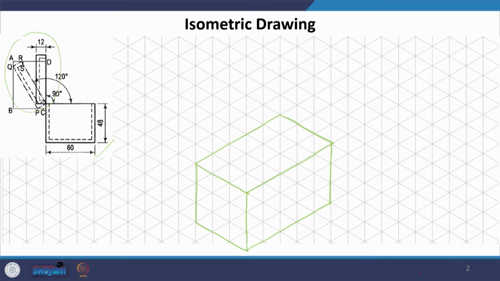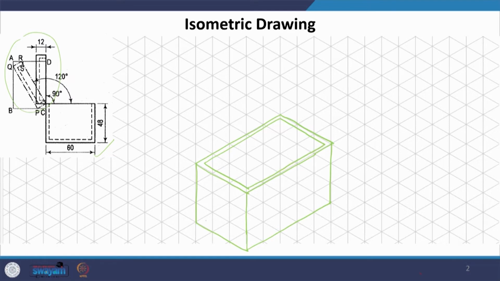When you draw, you will have to actually draw it in the same dimensions, same proportions as is given. Now, we can see that there is a dotted line all over, which implies that there is a thickness to this box. So, it is not solid, it is hollow, and this is what it is.